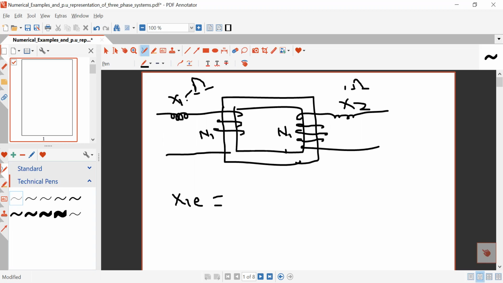The total reactance referred to the primary will be equal to the primary reactance plus the secondary reactance referred to the primary, which will be X2 (N1 by N2) whole square.